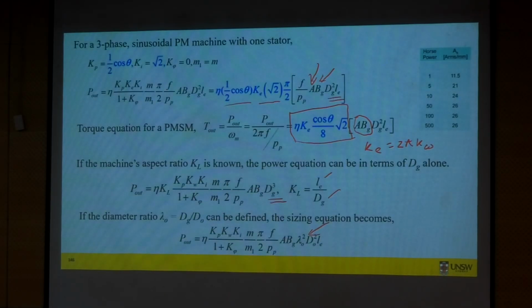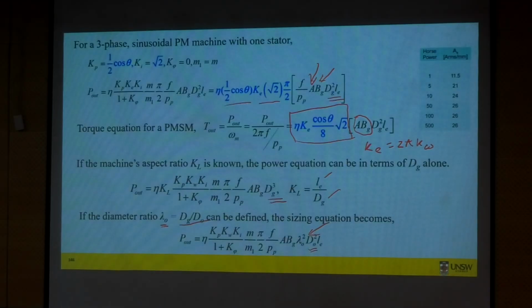So if the outer diameter is known, there may be a defined ratio between the outer diameter and the air gap diameter, okay? This is for some typical frame sizes. And then you can again write the equation in terms of the outer diameter and this known ratio.